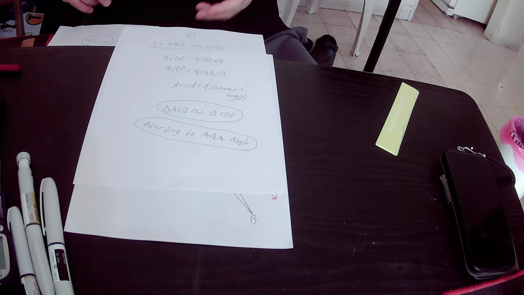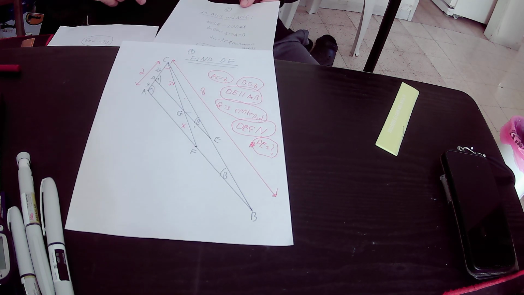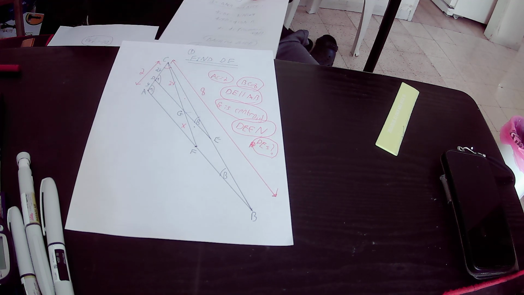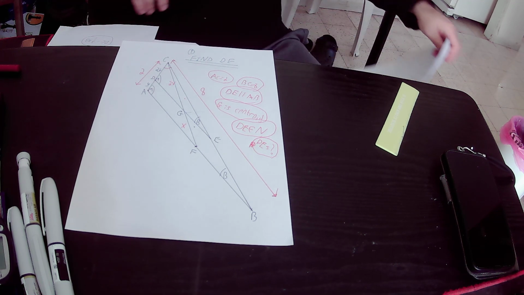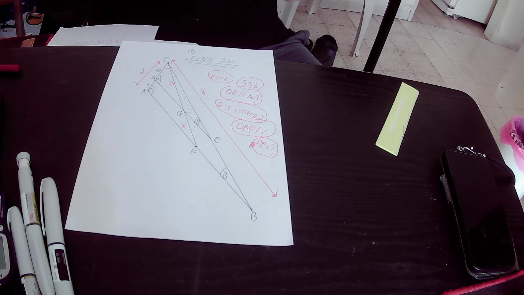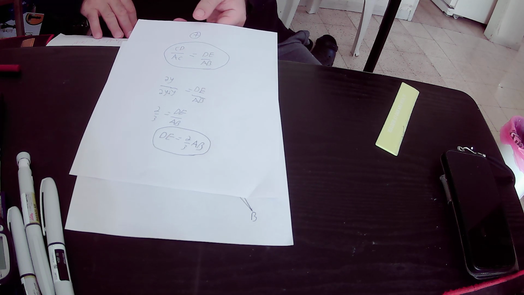And from the fact that those two triangles are similar, triangle ACB, the big triangle, is similar to triangle CDE, we can conclude that CD over AC equals DE over AB.